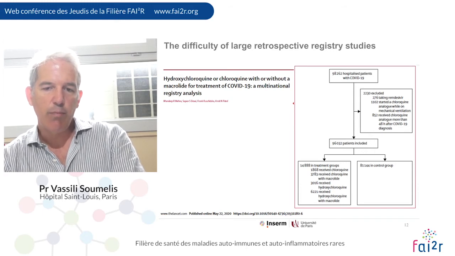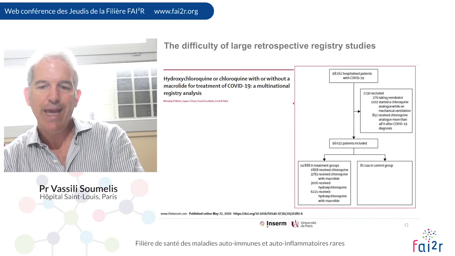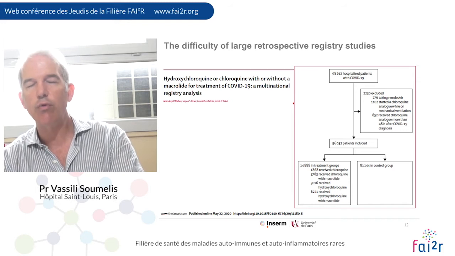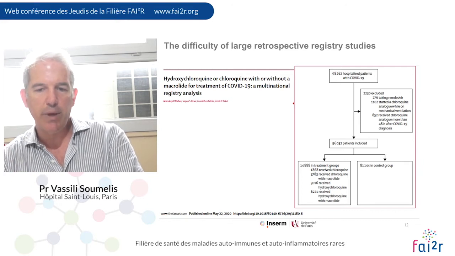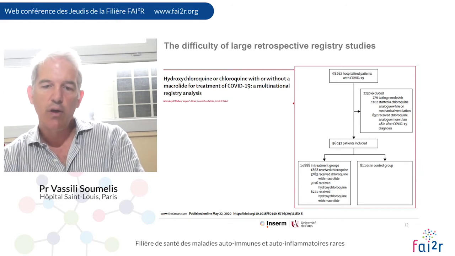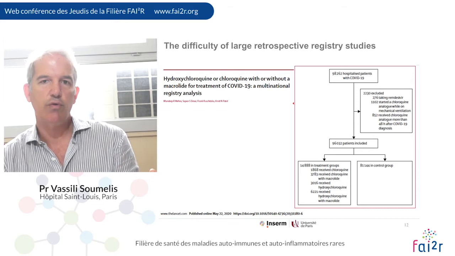So in the end, about 96,000 patients were included in the study, 14,888 in treatment groups, you can see here the 4 treatment groups, and 81,000 in the control group. The control group is in fact all the other patients that have not received chloroquine or hydroxychloroquine. So you can see here the huge imbalance between those groups.